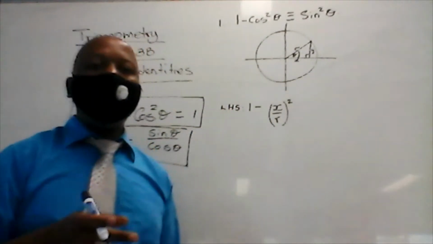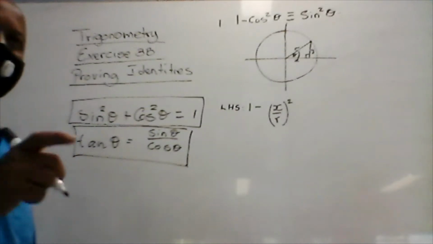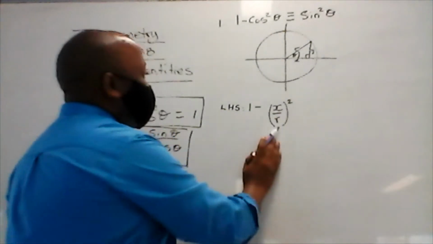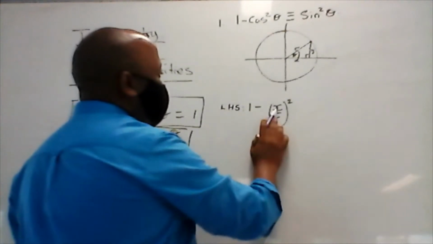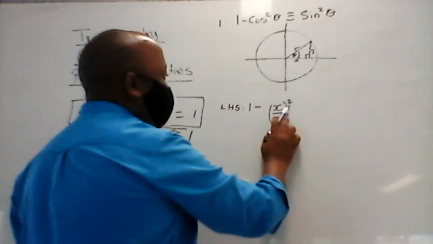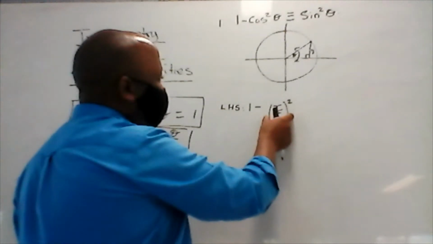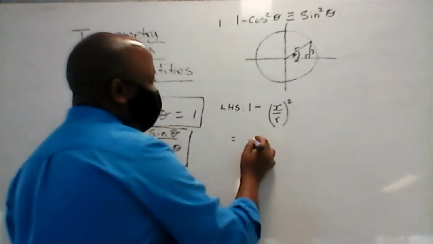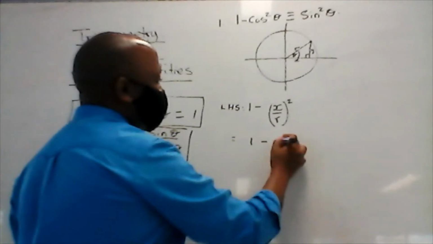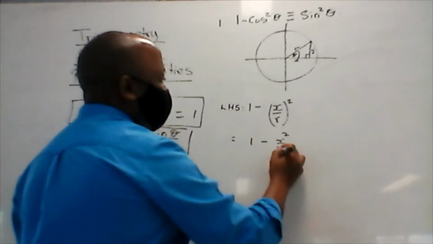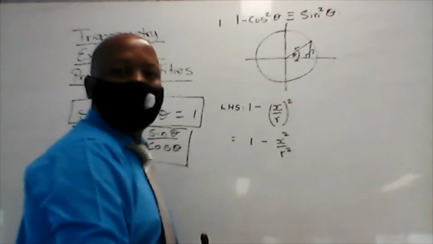Remember, you take the complicated side and you prove the complicated side. Right, now we've got 1 minus x over r all squared. If we square this, the left hand side is equal to 1 minus x squared divided by r squared.